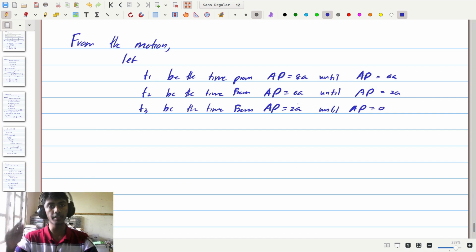So now we've clearly defined the 3 times at which points we have 3 different motions occurring. T1 and T2 occur under simple harmonic motion, and T3 is occurring just under momentum, where we're just moving under the momentum that we gained from the entire oscillation.